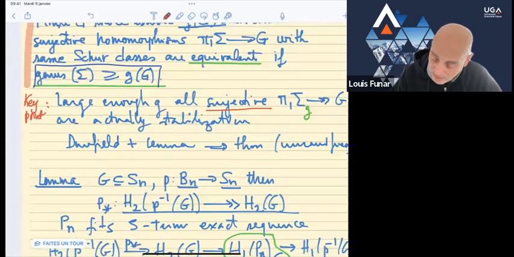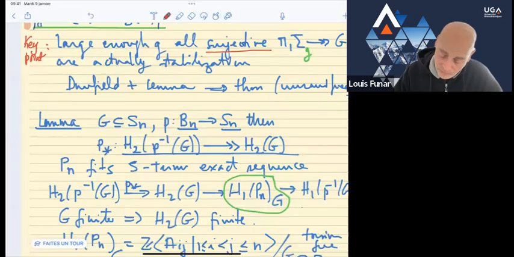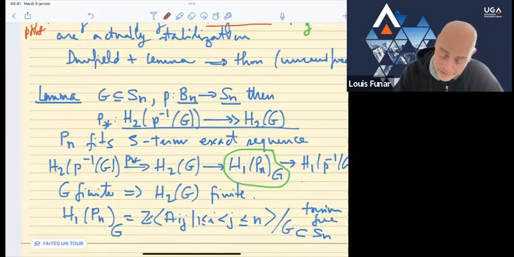So what's the next lemma? That's something very easy. Namely, if you look at the specific case now, when G is a subgroup of the symmetric group of n elements, P is the projection from the braid group to Sn, then at the level of second homology, you have a surjective map.